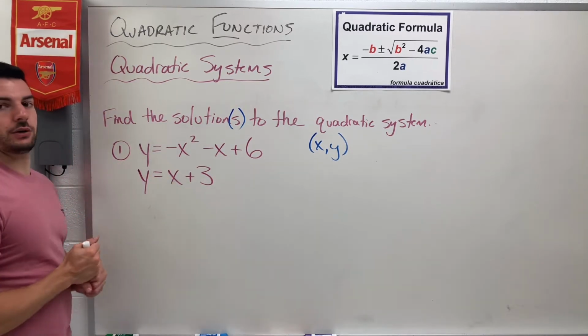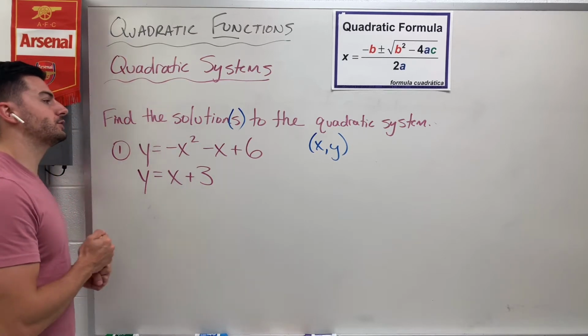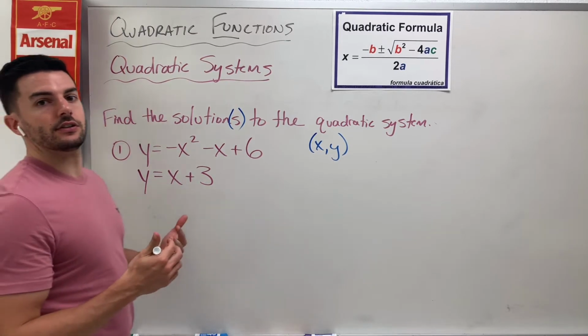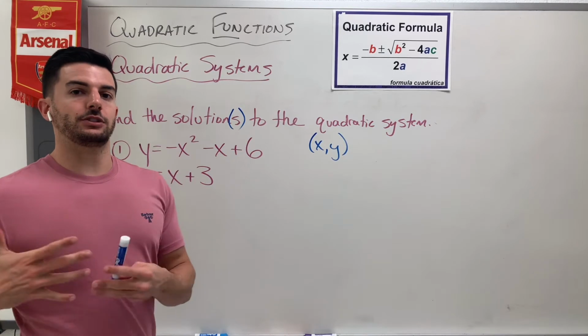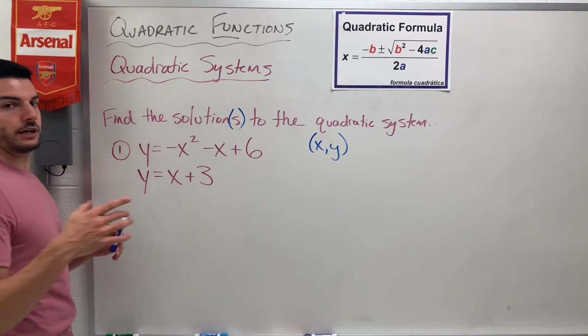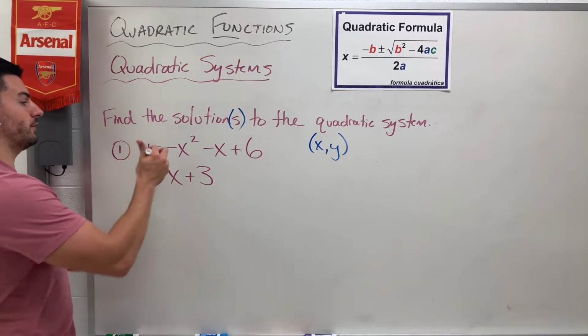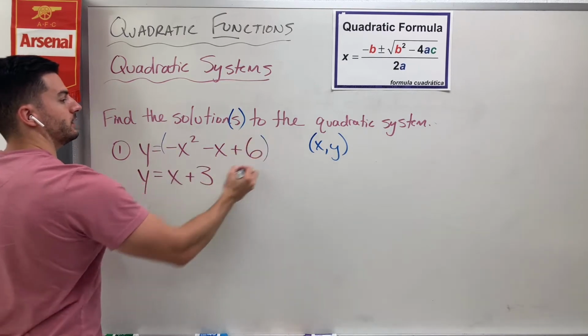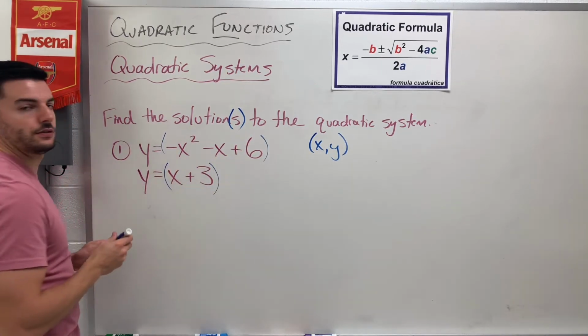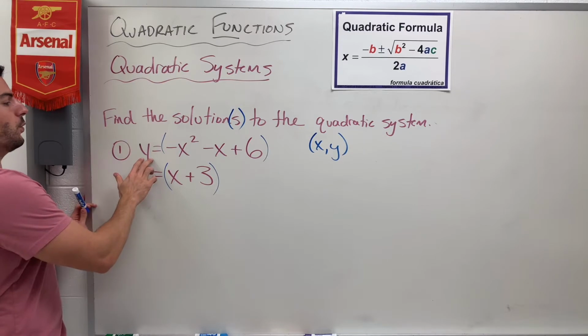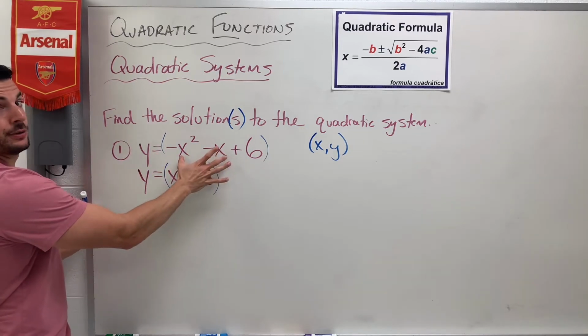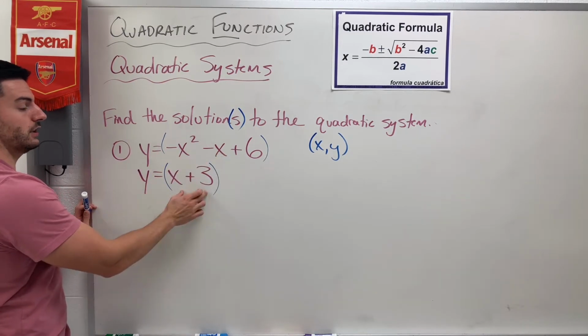We look at this, we have two different equations here. To solve this, there's a property called the substitution property. Y is equal to this group, and it also says y is equal to this group.